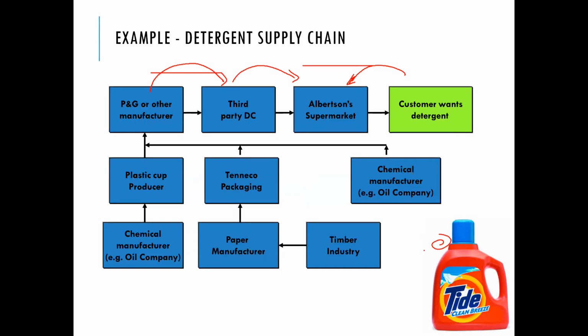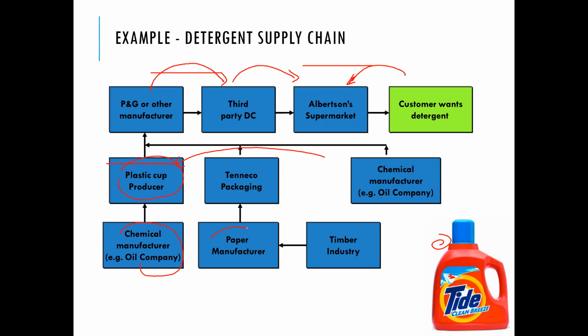When Procter and Gamble was making the product, most likely the bottle, the cap, and the packaging were not made by P&G. So let's say the cap was made by a plastic producer, and plastic comes from oil manufacturing. So obviously they supplied this, and then in order to produce this detergent, there were many chemicals, provided by different chemical manufacturers.